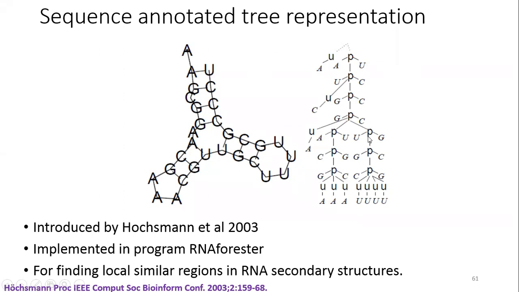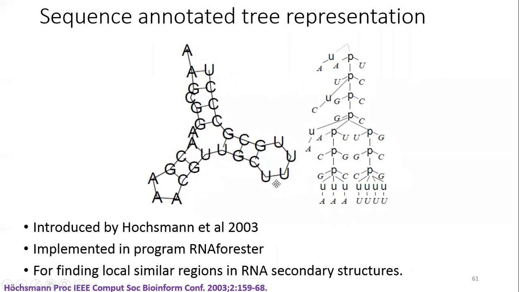Such a type of RNA structure representation was introduced by Hoschman back in 2003, and it was implemented in a program called RNA Forester. The objective of implementing such a representation was finding local similar regions in the RNA secondary structures.